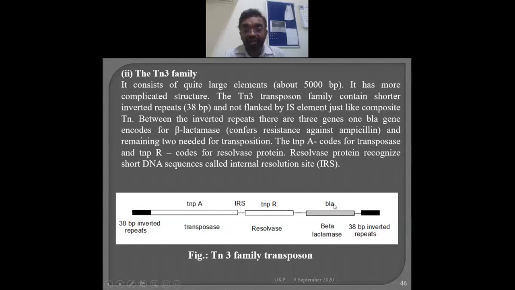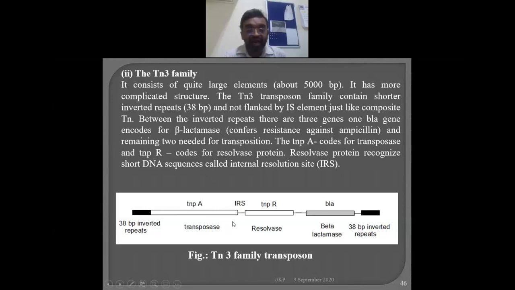So antibiotic resistance is also there. Hence, it is possible to detect the presence of the TN3 family by detecting the antibiotic resistance. Then resolvase is present, and it has the ability to resolve a particular sequence, referred to as the internal resolution site.